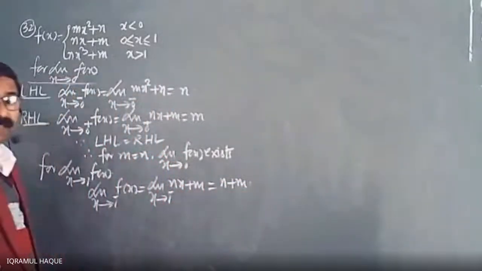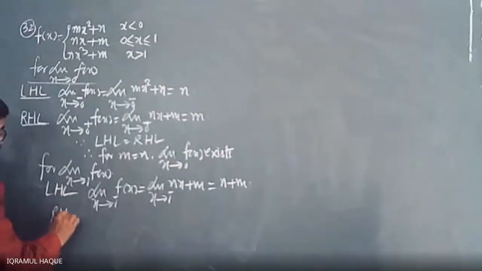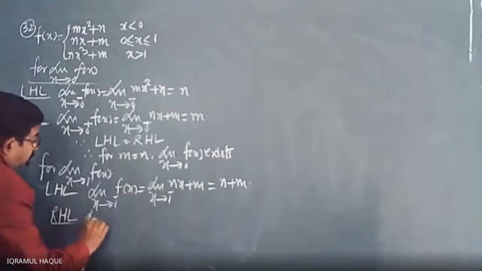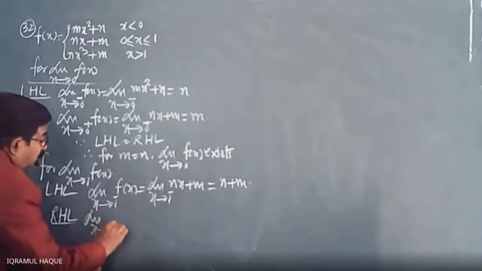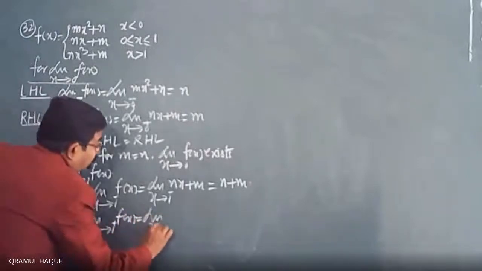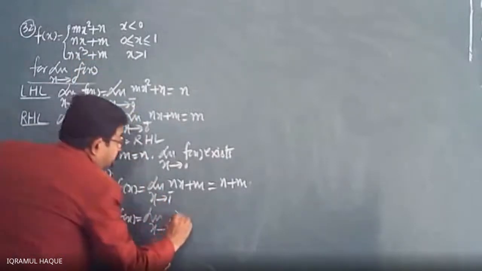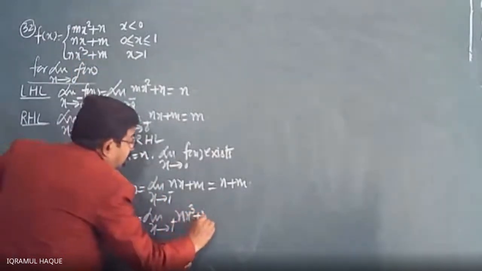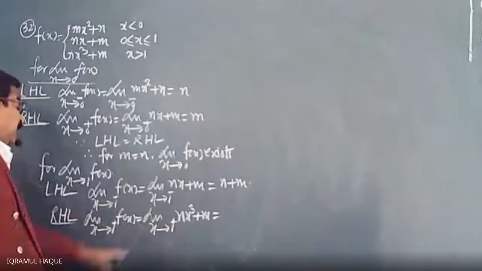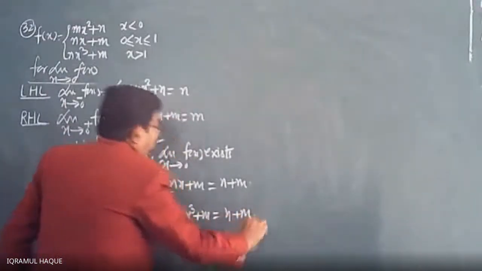That was LHL. RHL: limit x tends to 1 plus, this is nx cube plus m, and when we put x is equal to 1, we have n plus m.